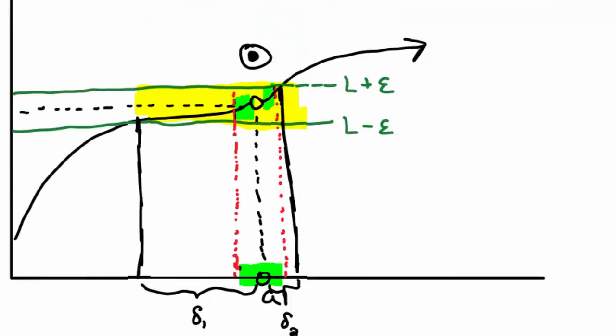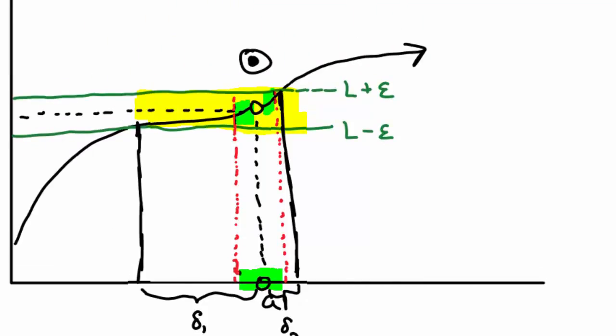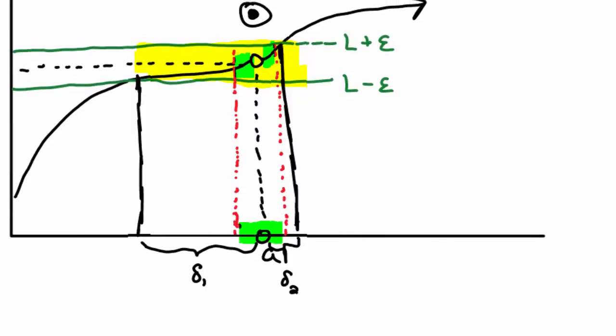And again, you will always be okay with choosing a smaller delta, and in this case, I would choose my delta to be delta sub 2, because if you chose your delta to be delta sub 1, because you need your interval to be symmetric, you're saying, I'm okay with all these x values, and all these x values on the other side too, because it has to be symmetric on either side, and that's just not good.